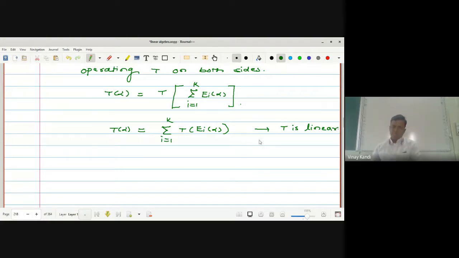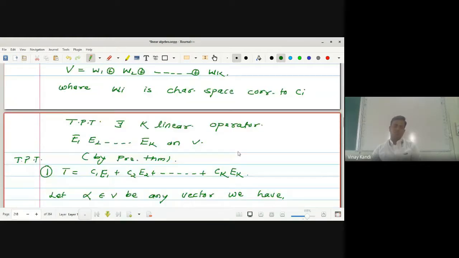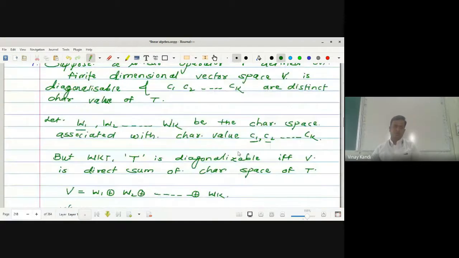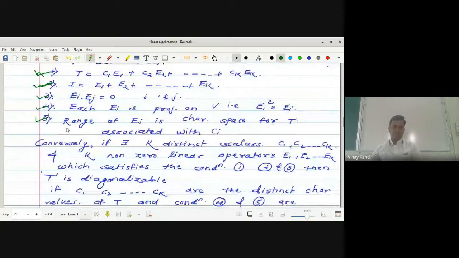Okay, give it as equation number 2. Now, what is Wi? Wi is the range of Ei, by the fifth statement: the range of Ei is the characteristic space for T associated with Ci. That is Wi.